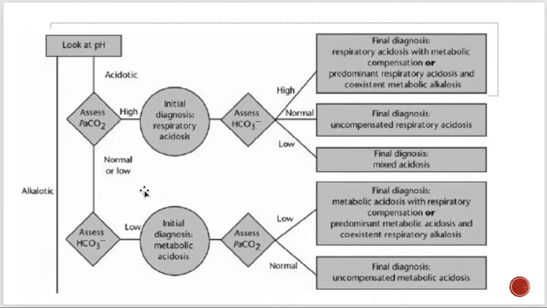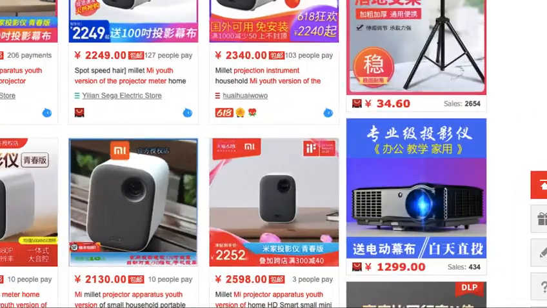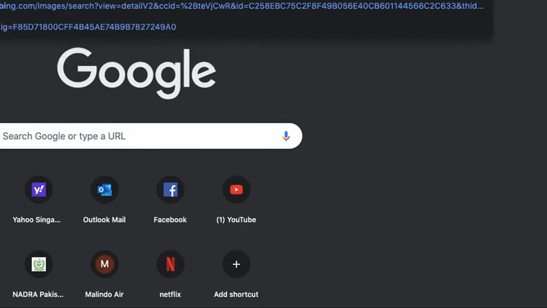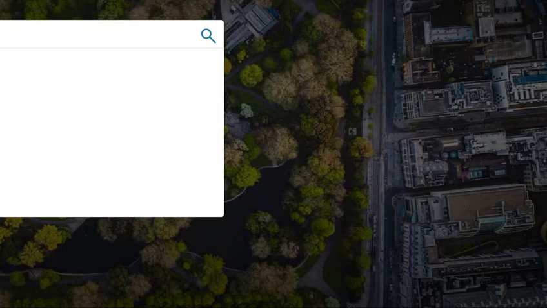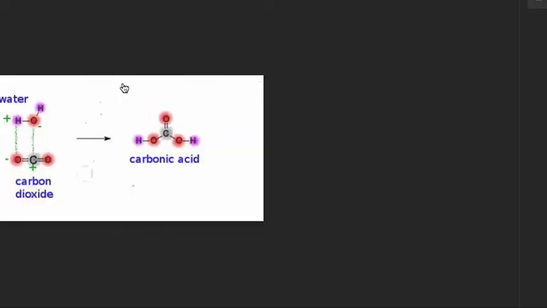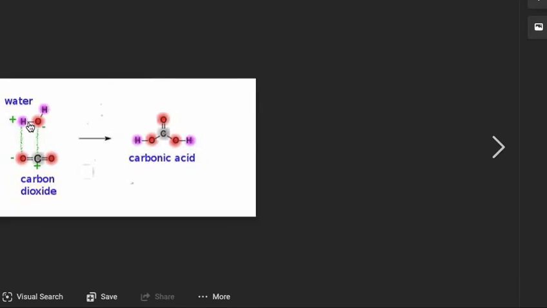And if you know the reaction of carbon dioxide, carbon dioxide plus water is equal to carbonic acid. It's a very simple equation. Carbon dioxide plus water is equal to carbonic acid.